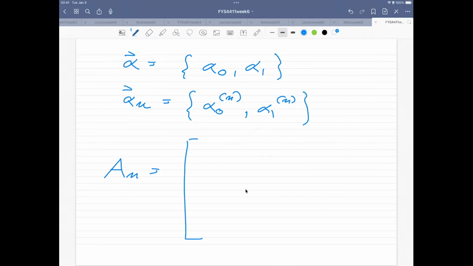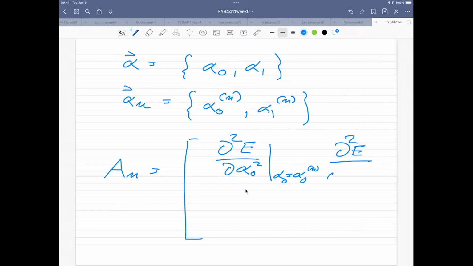This matrix is given by the second derivative of the energy with respect to alpha 0 squared, evaluated at alpha equal alpha n. In this specific case, this will be alpha 0 at the nth iteration. Then we would have the next term, which would be the second derivative with respect to alpha 0 and alpha 1, evaluated at the two values, alpha 0 at iteration n and alpha 1 at iteration n.